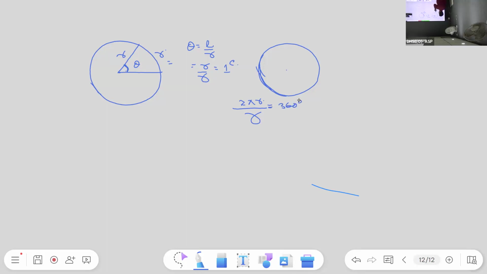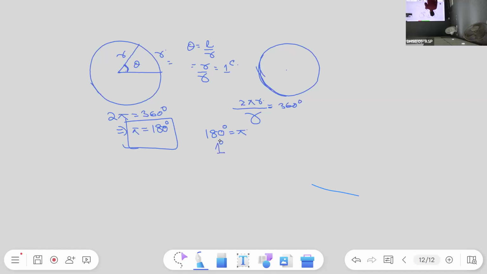So 2 pi is equal to 360 degrees. This implies pi is equal to 180 degrees. So pi radian is equal to 180 degrees, or 180 degrees is equal to pi radian.